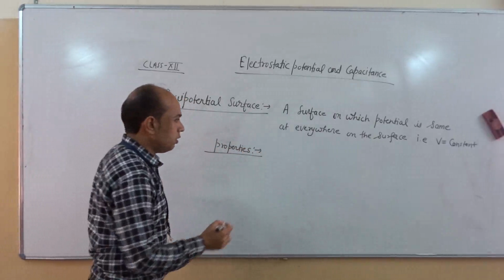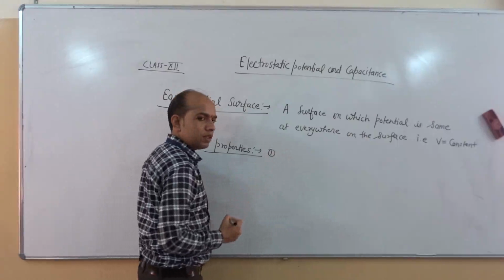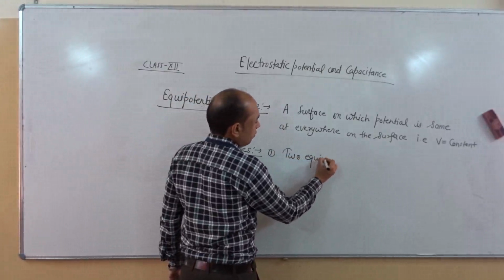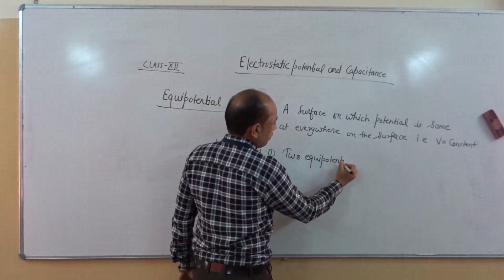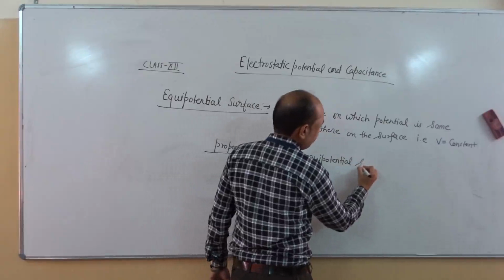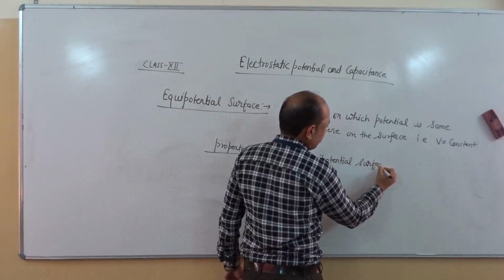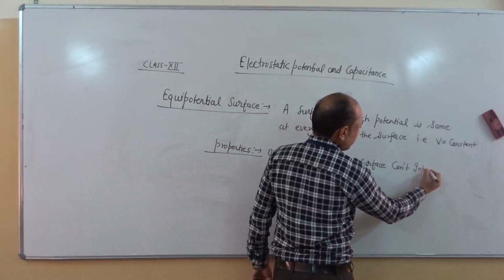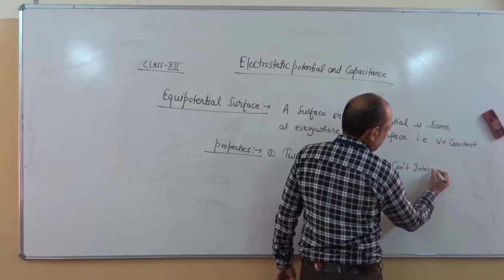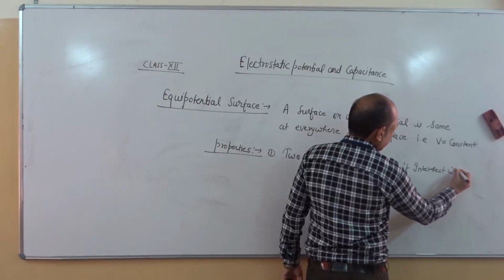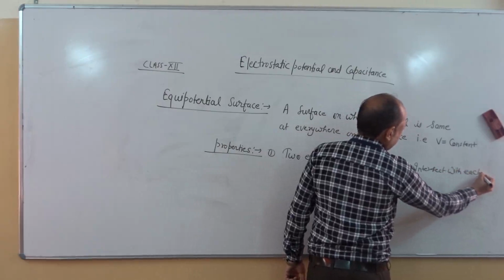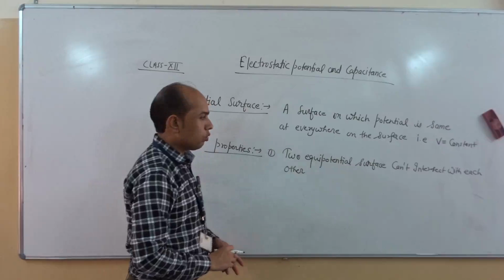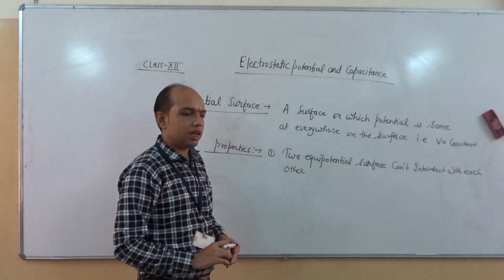Since potential is the same, number one is, two equipotential surfaces cannot intersect each other.